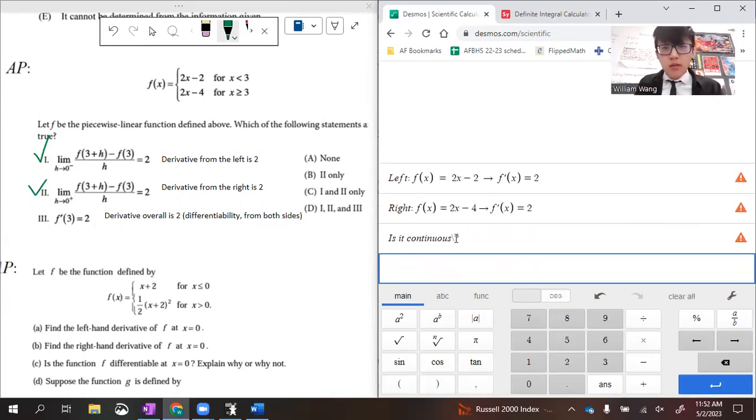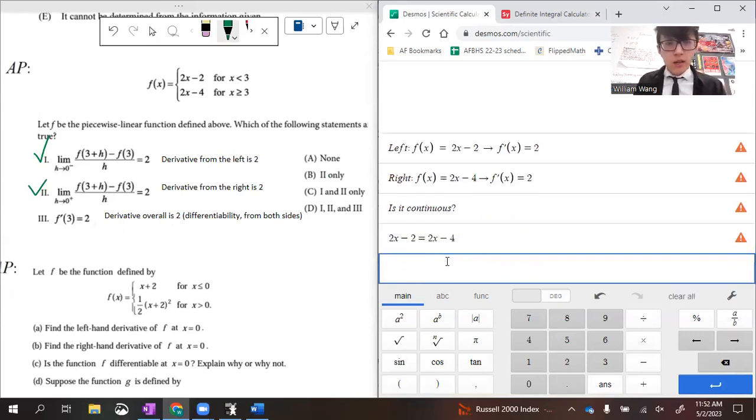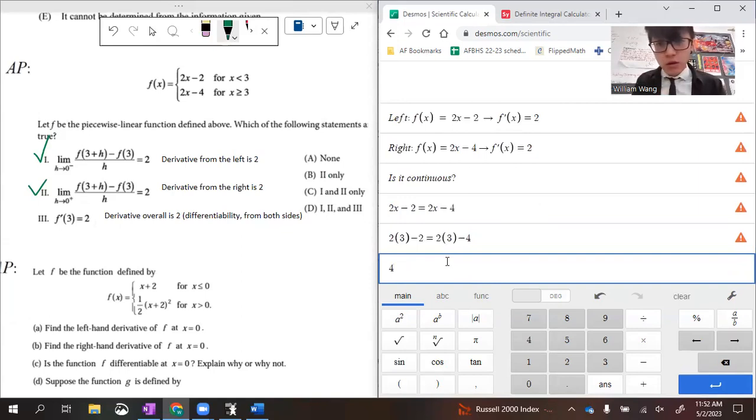Well, from the left and the right, the left function is 2x minus 2. The right function is 2x minus 4. That's 2 times 3 minus 2 is equal to 2 times 3 minus 4. So that's going to be 4 is equal to 2. So it's not continuous, so it cannot be differentiable.